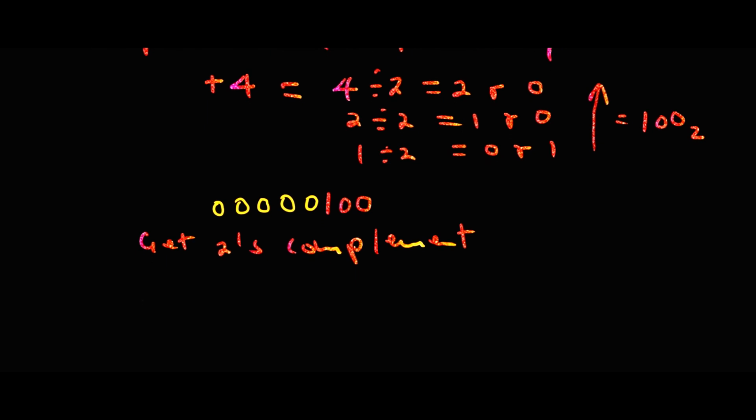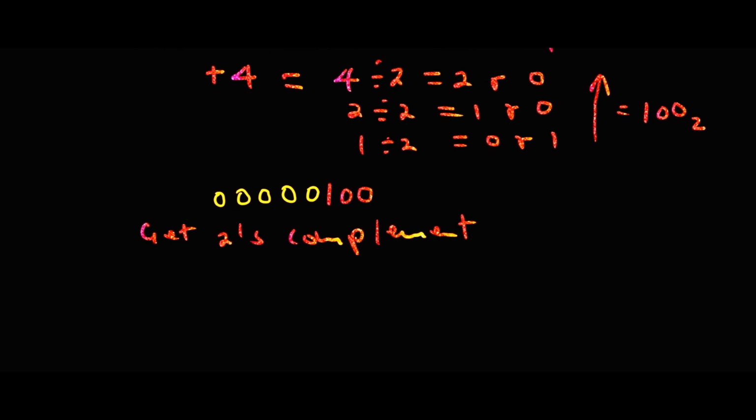You get the 2's complement by adding 1 to the 1's complement. The 1's complement in this case will be 1, 1, 1, 1, 1, 0, 1, 1.